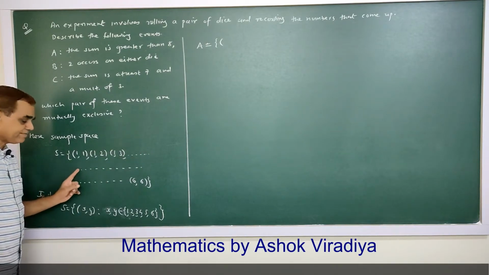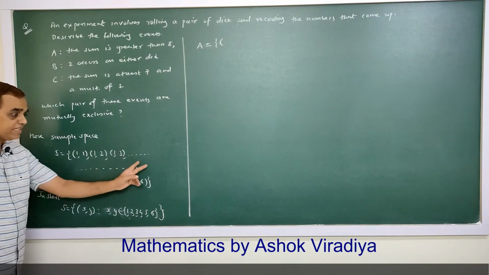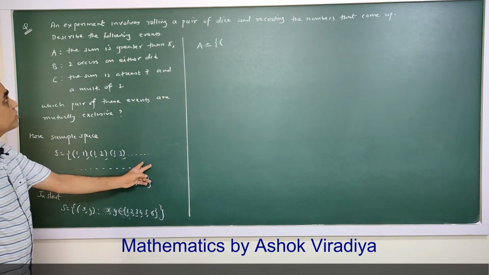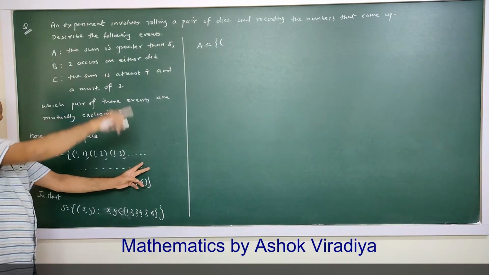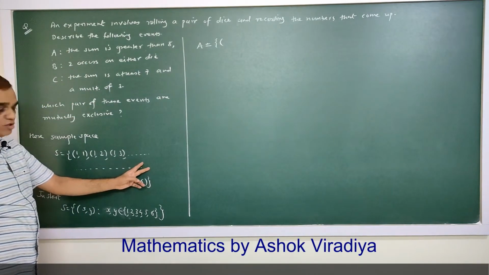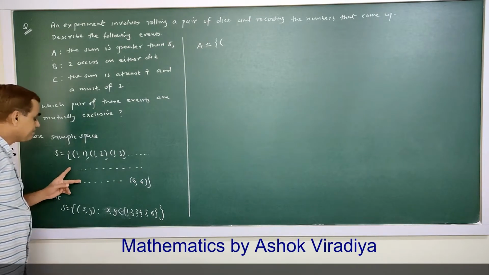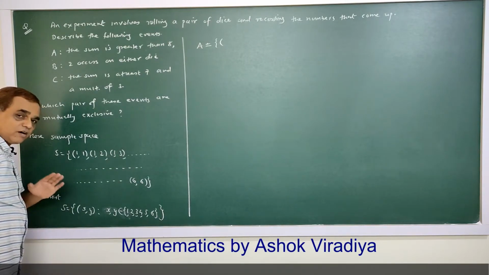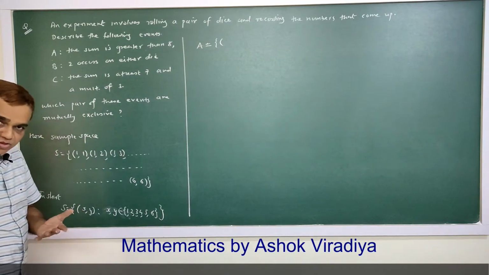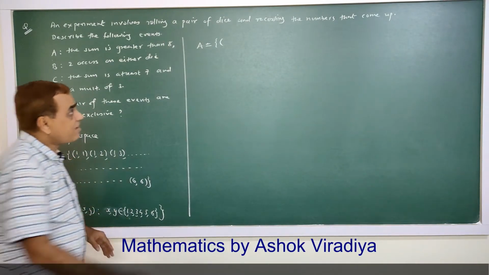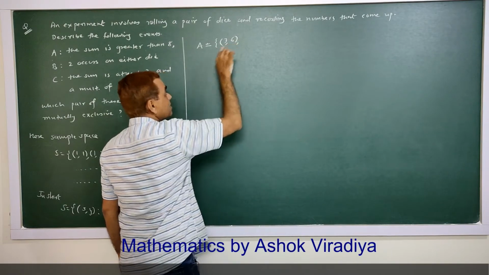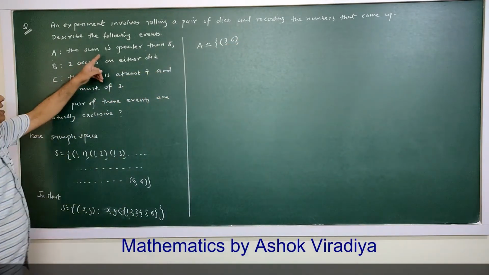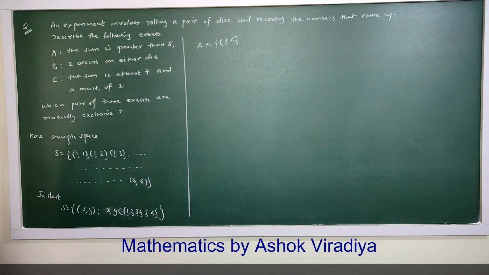From the second line, the last element is 2 6, whose sum is 8, but we want greater than 8. So no element from the second line. In the third line, up to 3 5, the sum is 8. But after 3 5, the element is 3 6, where the sum is 9, which is greater than 8. So this is the last element of the third line.